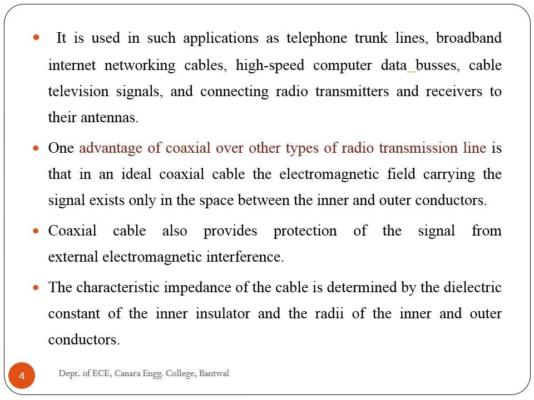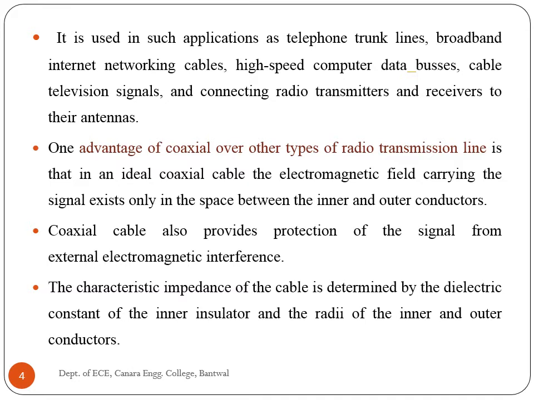Coaxial cable is used as a transmission line for radio frequency signals. Its applications include feed lines connecting radio transmitters and receivers to their antennas, computer networks, and distribution of cable television signals. One advantage of coaxial over other types of radio transmission line is that in an ideal coaxial cable, the electromagnetic field carrying the signal exists only in the space between the inner and outer conductors.